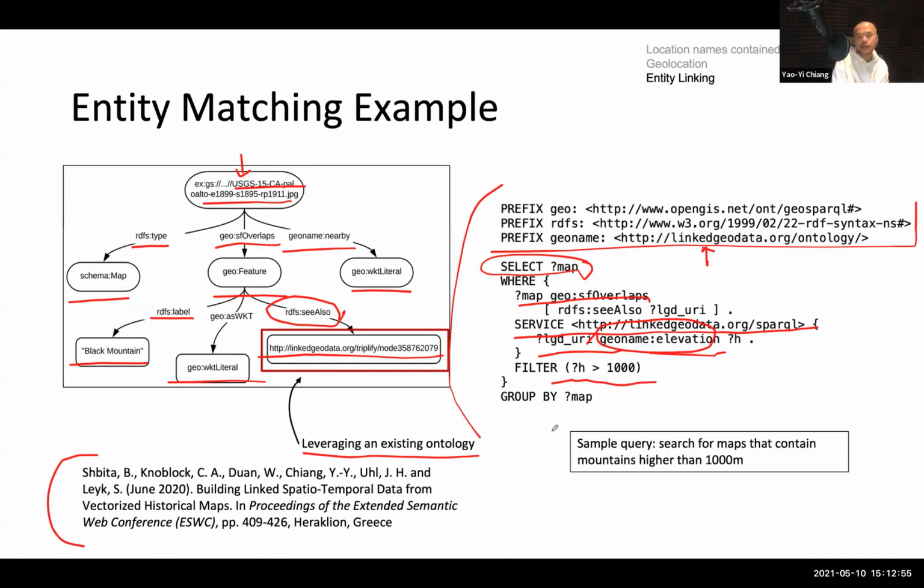So this is the same as asking to search for maps that contain mountains higher than 1,000 meters. Now you can search for historical maps just by writing this very simple SPARQL query.